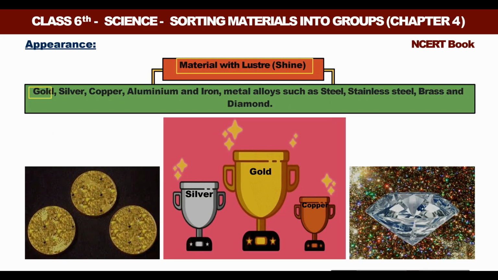Materials with luster or shine: gold, silver, copper, aluminum and iron, and metal alloys. Alloys are made when a metal is combined with two or three other metals, such as steel, stainless steel and brass. Here you can see silver is lustrous, gold is lustrous, copper is lustrous.